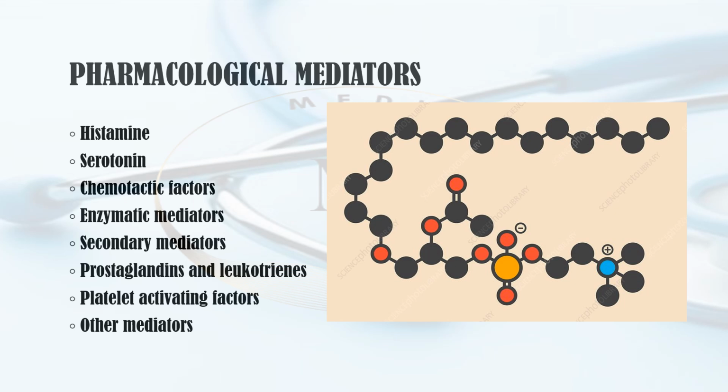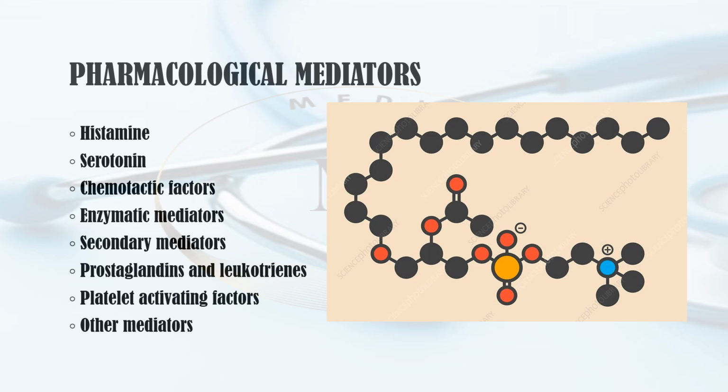The next one is serotonin, which is derived by decarboxylation of tryptophan. Histamine is formed by decarboxylation of histidine, serotonin by decarboxylation of tryptophan. This also causes smooth muscle contraction. Along with that, it causes increased capillary permeability and vasoconstriction.